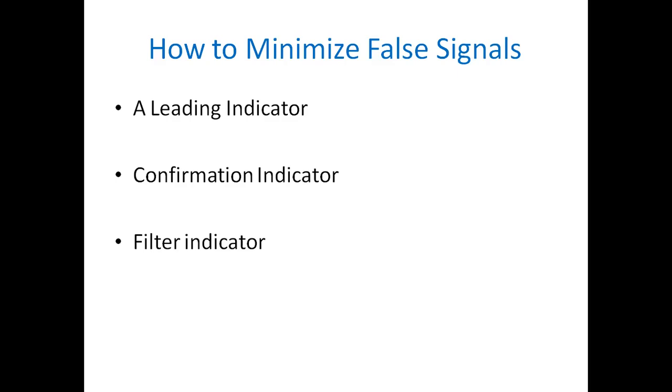To minimize the false signals, you will need, one, a leading indicator, which I already said is difficult to find. But in this case, what I'm trying to imply by a leading indicator is that you will need an indicator that will be your first consulting indicator.